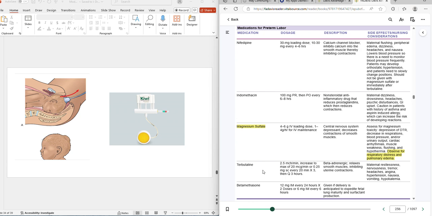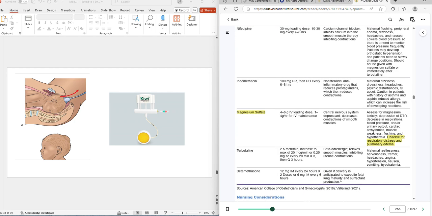We can also give terbutaline, brethine, and this can make her feel like she's taking a whole big pile of steroids. And then we actually do give a steroid called betamethasone, okay? Betamethasone is given for fetal lung maturity. This is given for somebody in preterm labor, okay? So Wink and Lollipop.